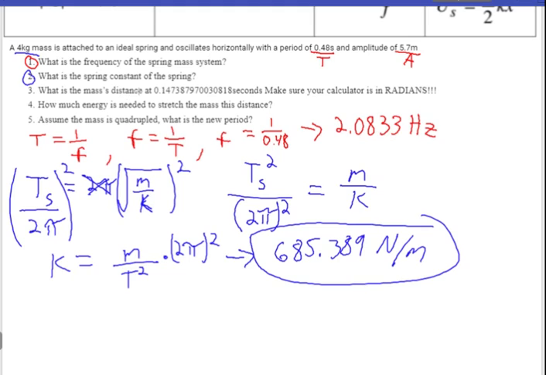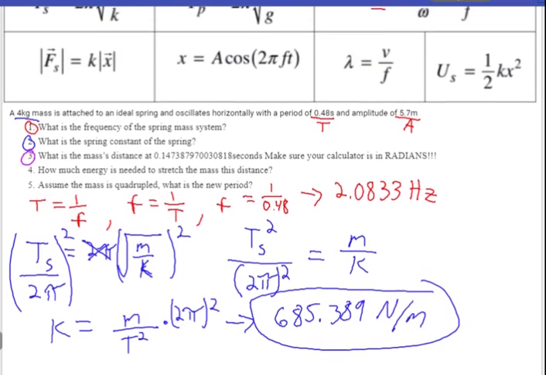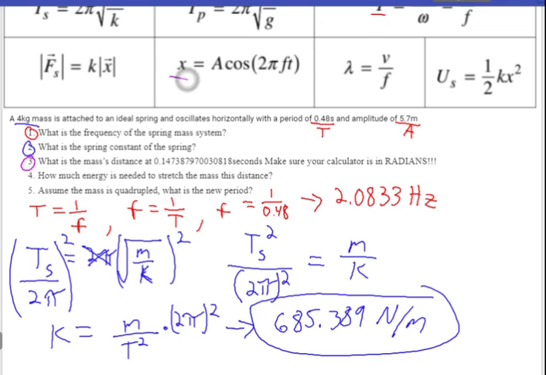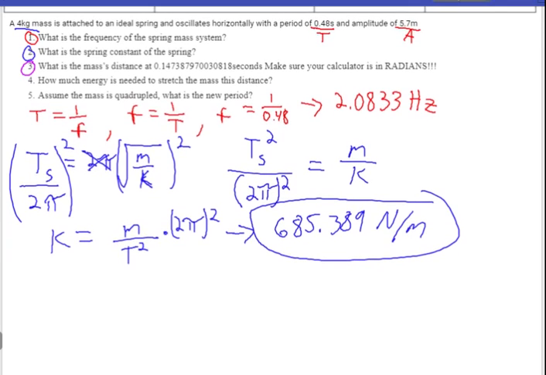Next, I want to figure out what the mass's distance at a certain time is, and it tells me to make sure that my calculator is in radians. So to figure out distance, I need a distance equation, which is right here. So if I take this and write it down here, I get x is equal to A times cosine of 2 pi times f times t. In this case, it's little t, and little t just stands for time. So this right here is my little t.